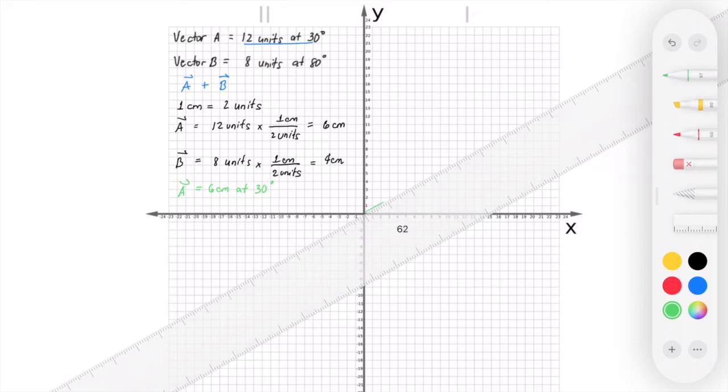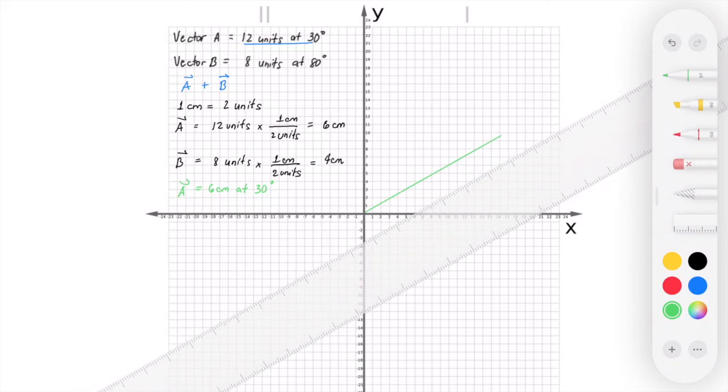So 1, 2, 3, 4, 5, and 6. So that would be my vector A.